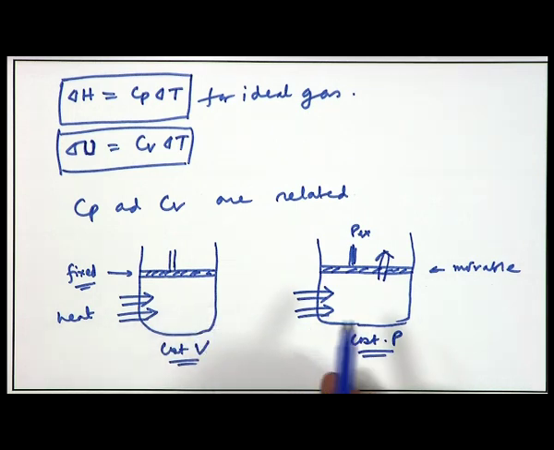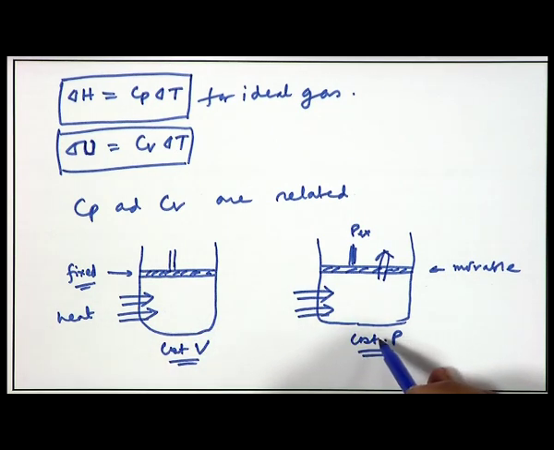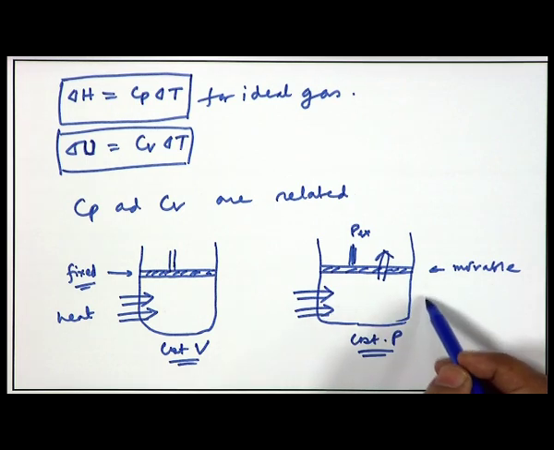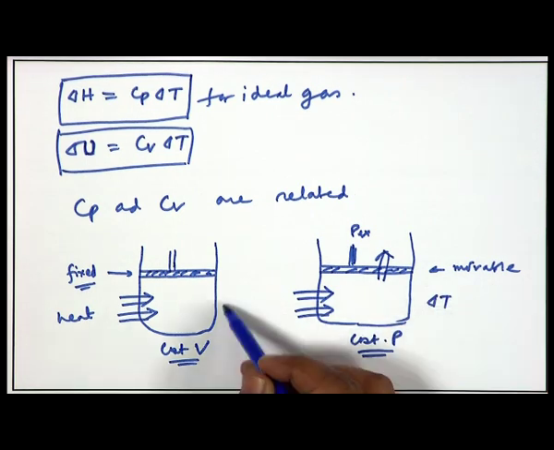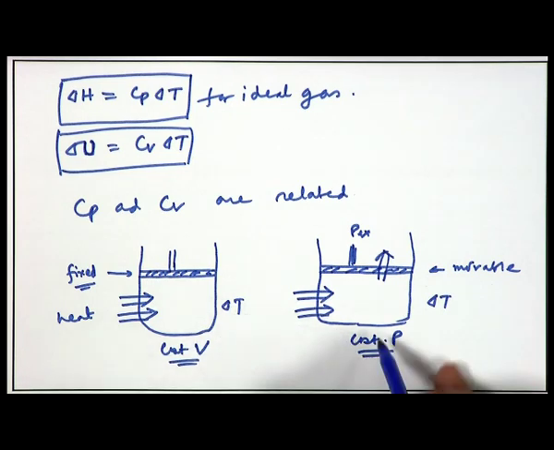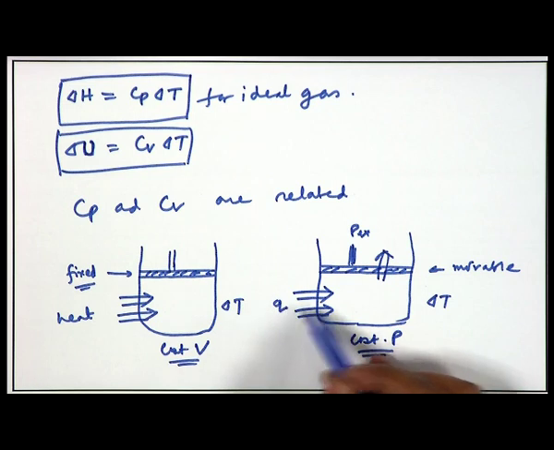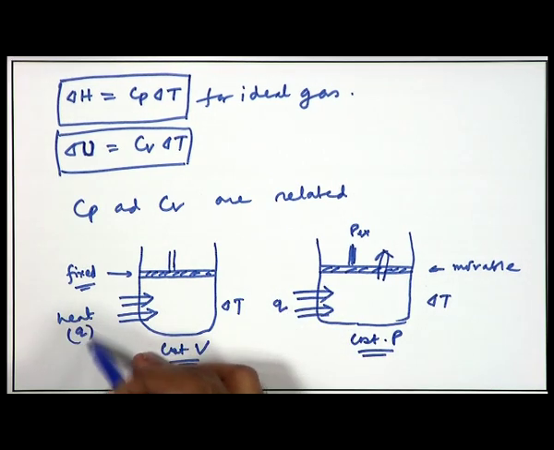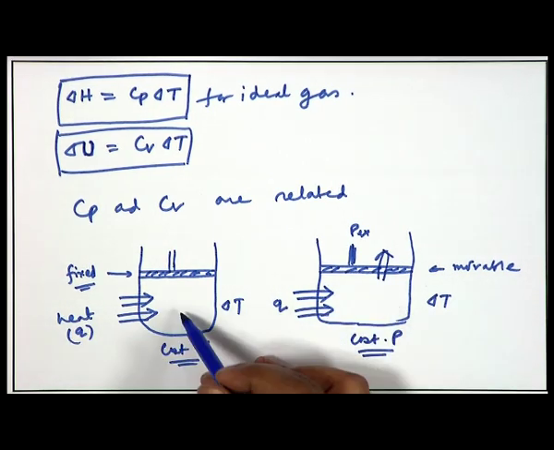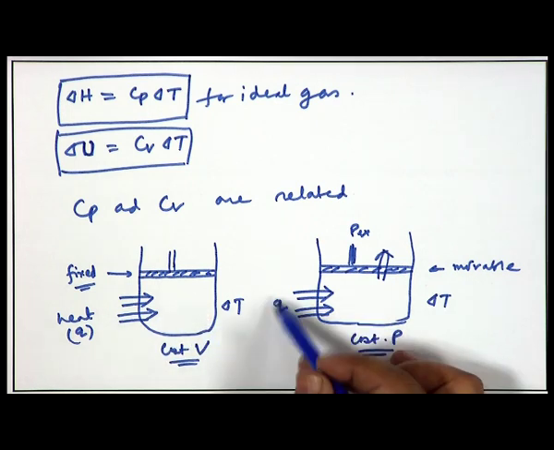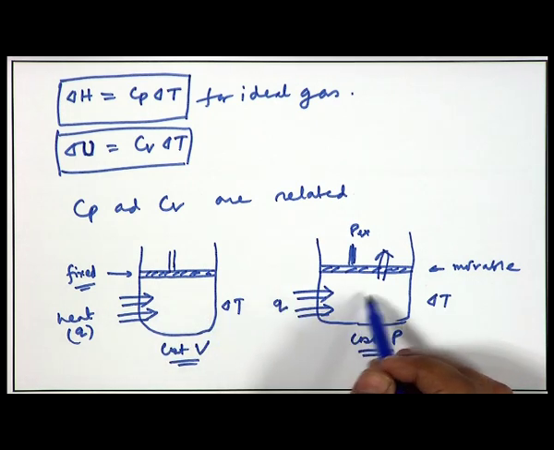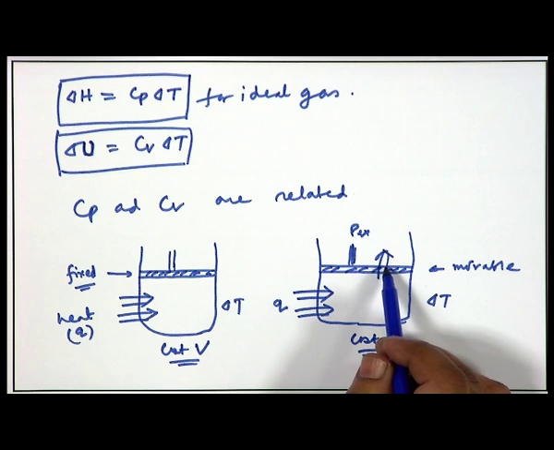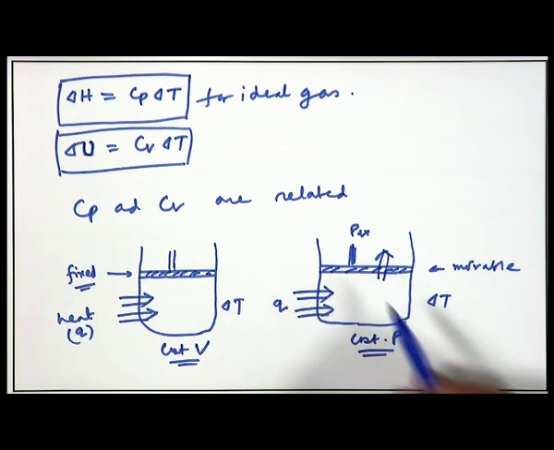So, you can now compare that, if you want to increase the same temperature del T in both cases, you have to supply more heat here. So, Q has to be more in this case compared to the constant volume case, because part of the Q which is going in is lost as the system does some expansion work on the surroundings.